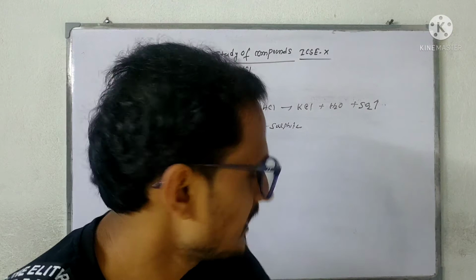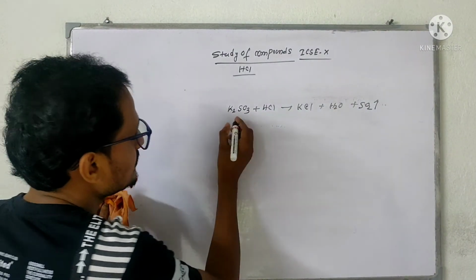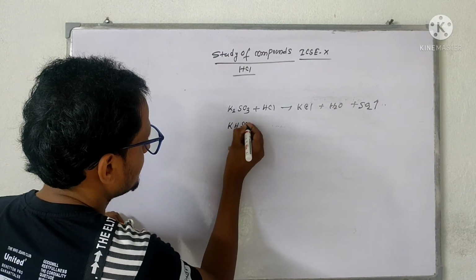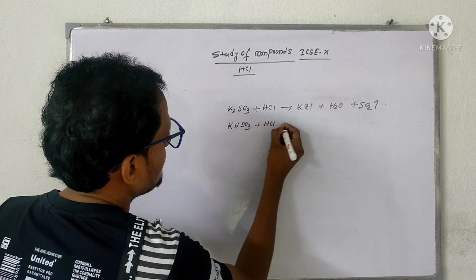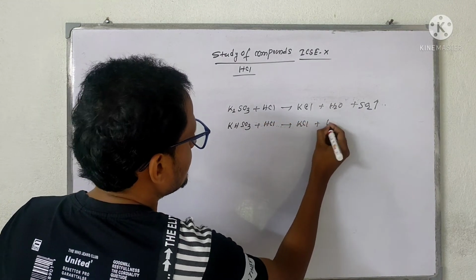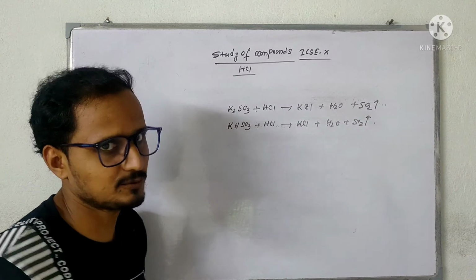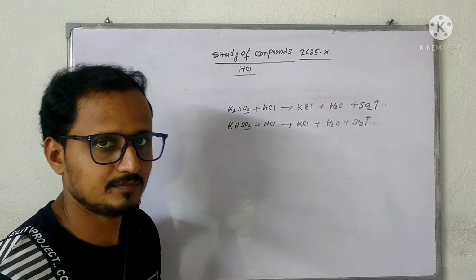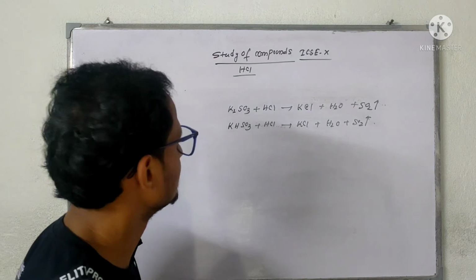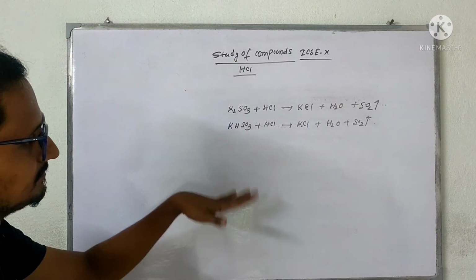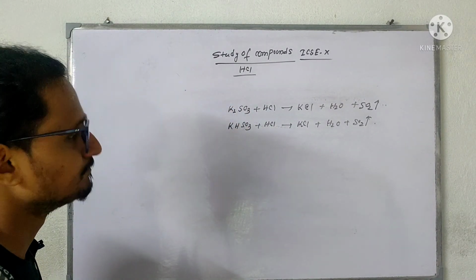Simple reaction. Okay, if it is metal hydrogen sulfite, that means metal bisulfite, with HCl the same reaction will be there, but the difference is in the balancing. So you have to do the balancing on your own. Okay, you will do it. Next, sulfite and bisulfite are done.